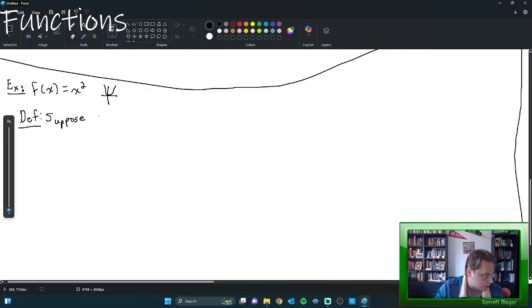So our definition is: suppose A and B are sets.